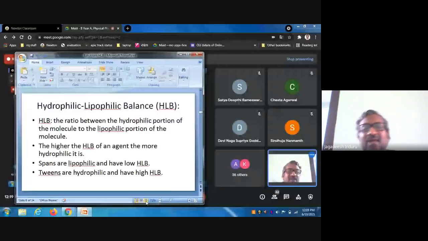With this, we have to some extent come to an end for the coverage of our portion. In this particular topic of emulsion, what we did not deal with, you are going to have four types of questions. One, how do you prepare an emulsion by using the HLB system? Two, how do you preserve the emulsion, and how to select a proper preservative?